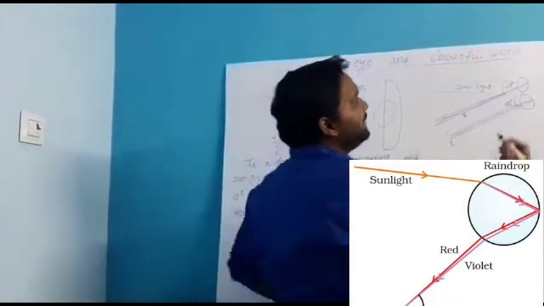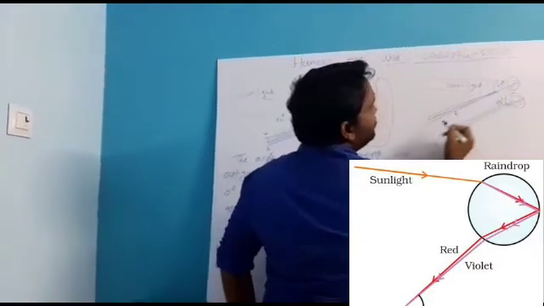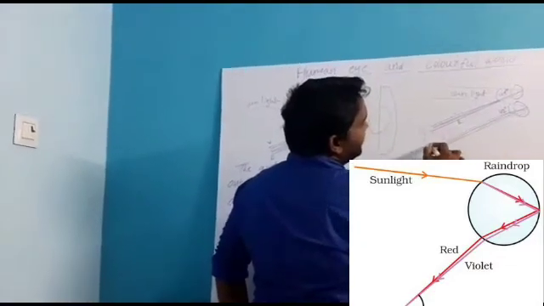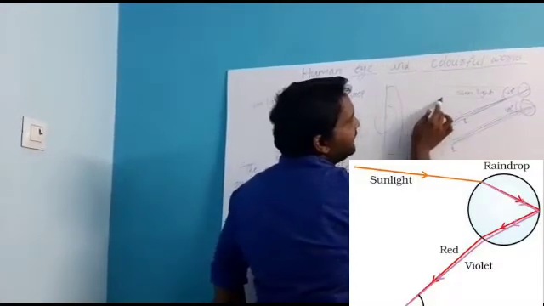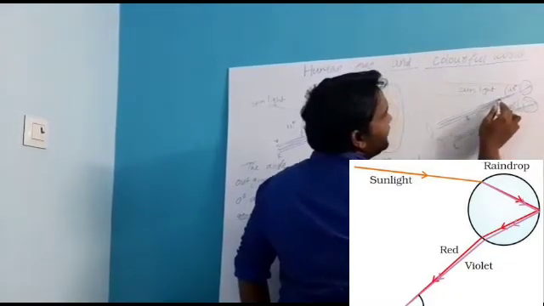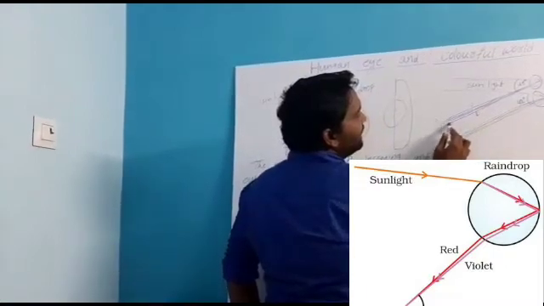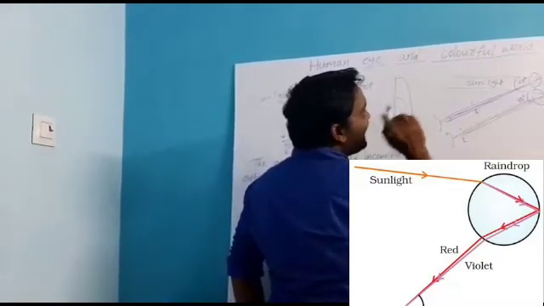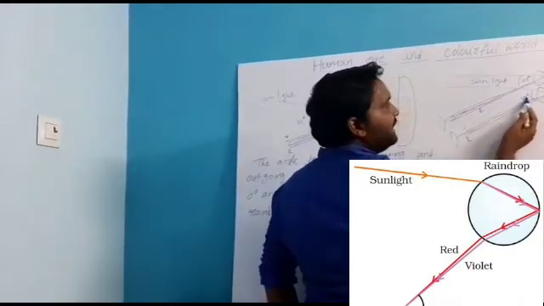See here, these are the water drops coming from the sky. Your eye should be here, and the sunlight enters the water drops. After that, the emergent ray comes and enters our eyes. The angle is 40 degrees here and 42 degrees here.